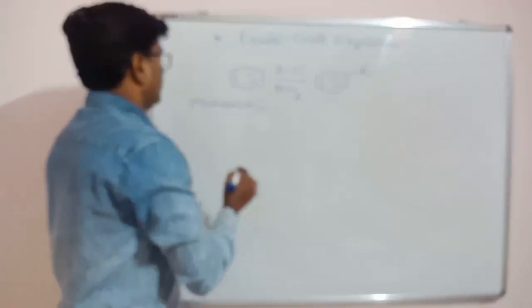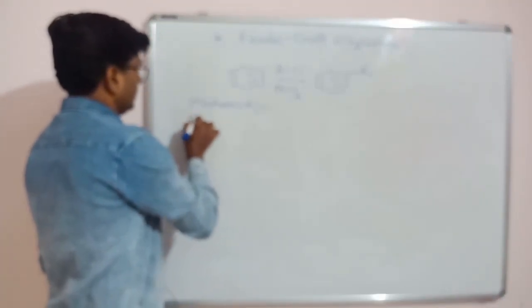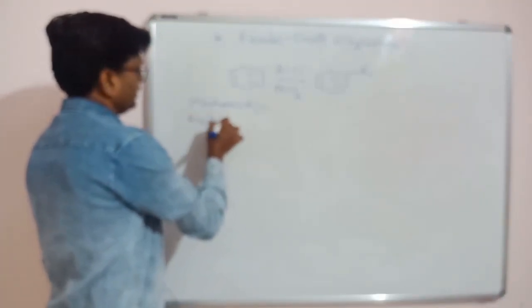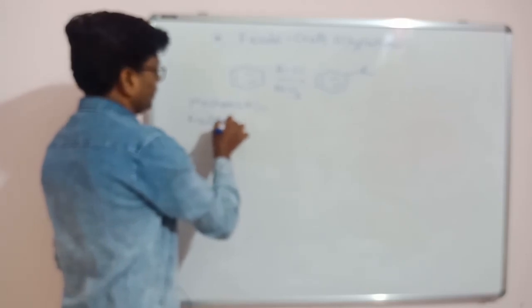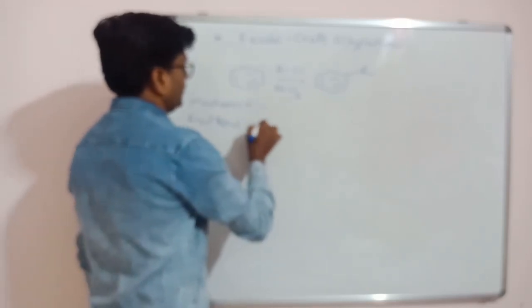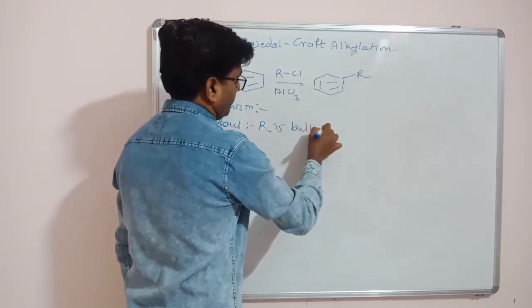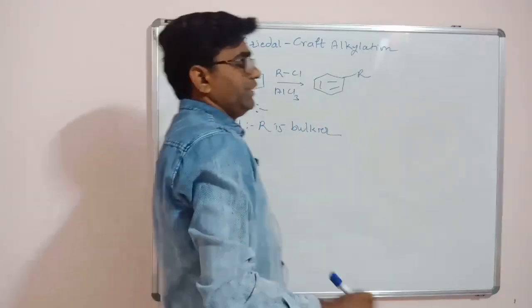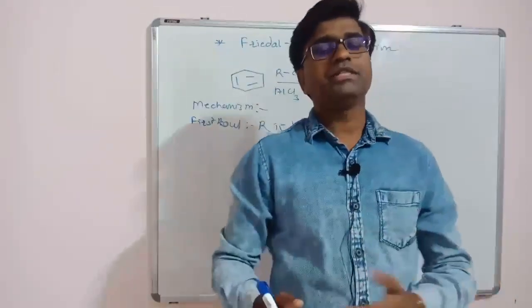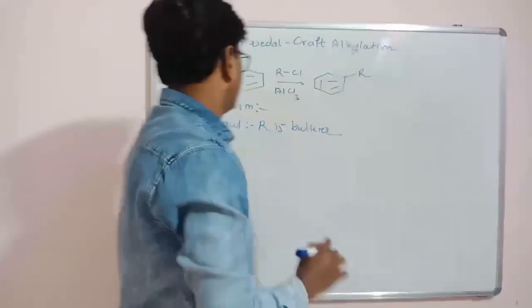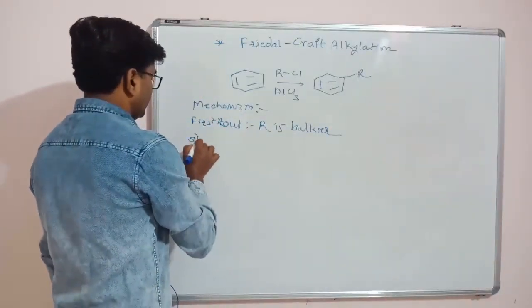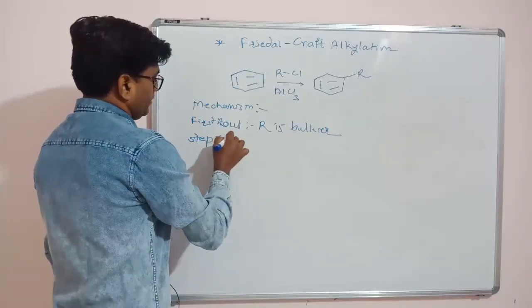First we will see the first route, that is when R group is bulkier. Then we will see the route if R group is smaller. This again has a three-step mechanism.